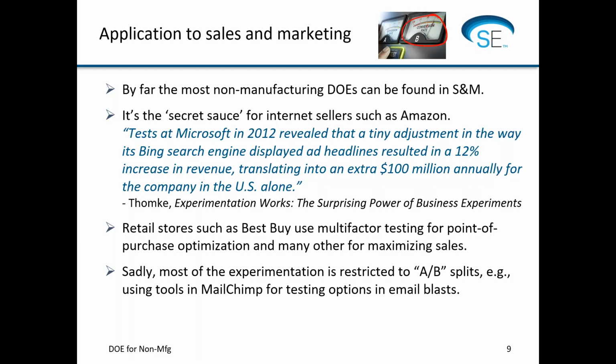But with the advent of the internet and the use of websites to gather interest, you can measure how many people click on the ad and how many people respond to it. So there's a tremendous amount of capability for marketing nowadays with the advent of the internet. And really, this is kind of the secret sauce that internet sellers such as Amazon have been applying.